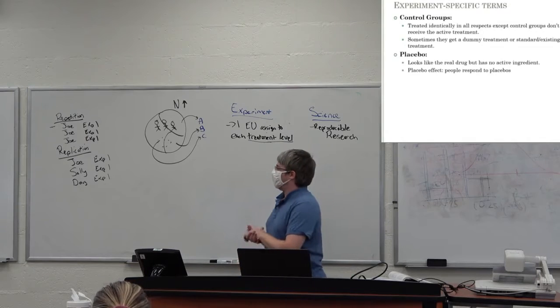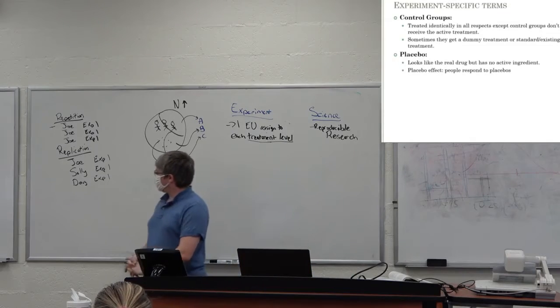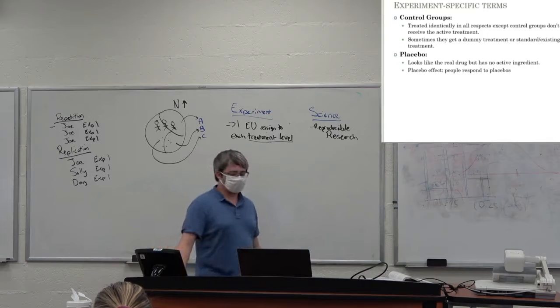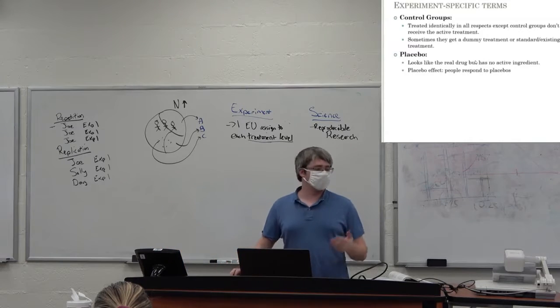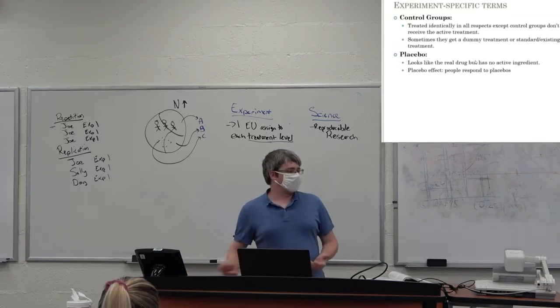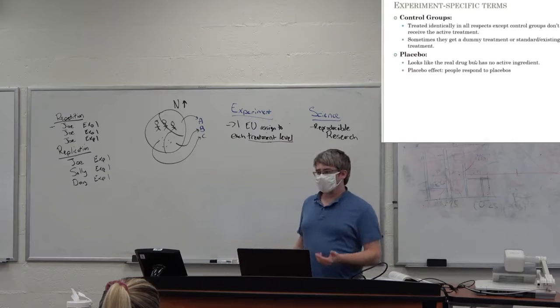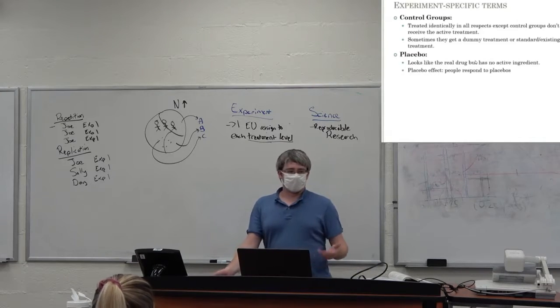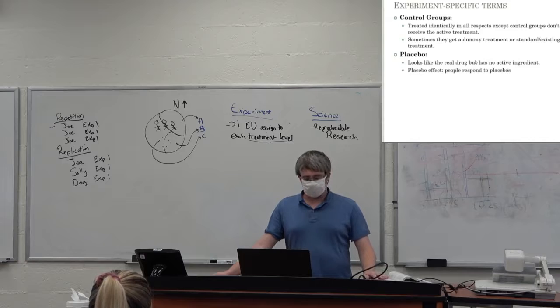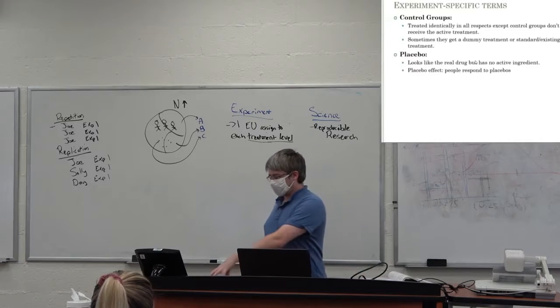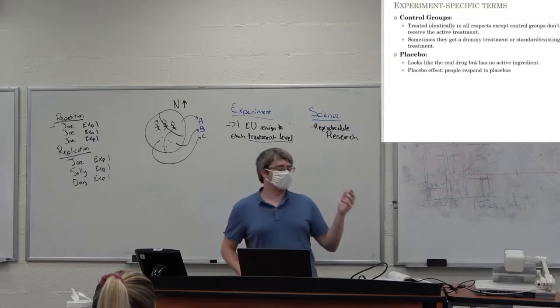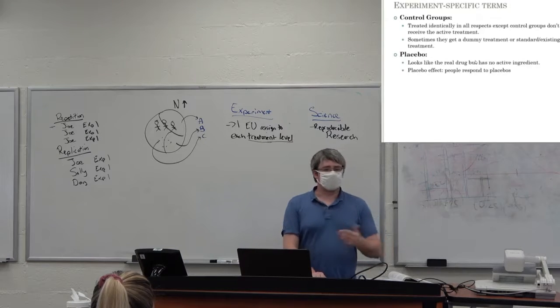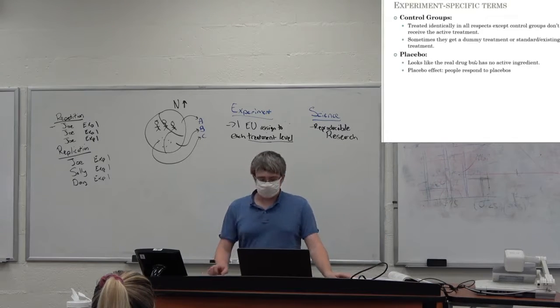We also have the placebo effect and using a placebo. It looks like the real drug, but it has no active ingredient. Essentially, a placebo is a sugar pill. All it does is have sugar in it, and it prevents people in the study from thinking, oh, I'm going to get this treatment anyway, and I'm going to think myself better.